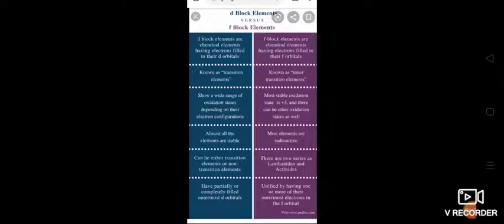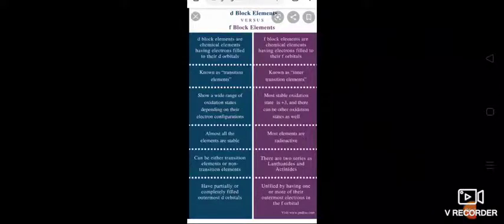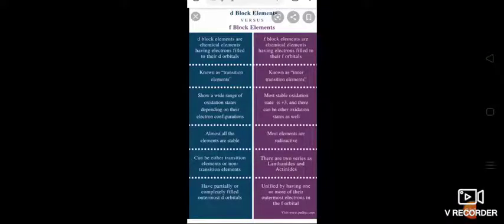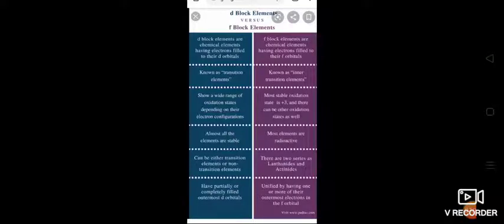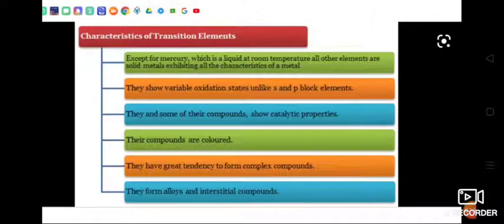We know in D block elements, the last electrons are present in the D orbital, and in F block elements, in the F orbital. They are transition elements, and these are inner transition elements. Lanthanides and actinides are present in the F orbital, the F block elements. So here are the characteristics of transition elements.